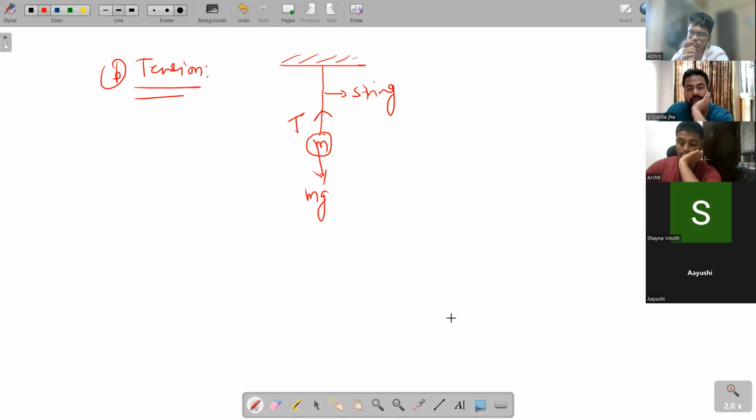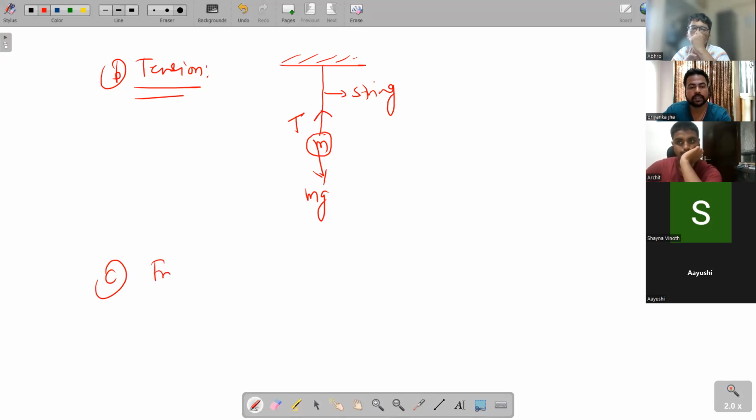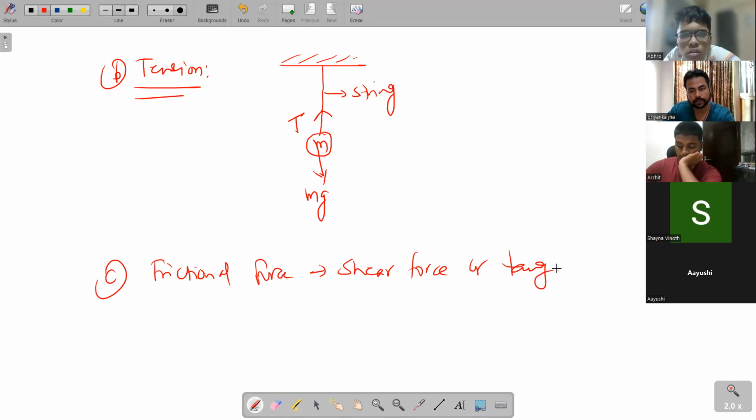And the third point is frictional force. I'll take an example. Frictional force is also called shear force or tangential force.